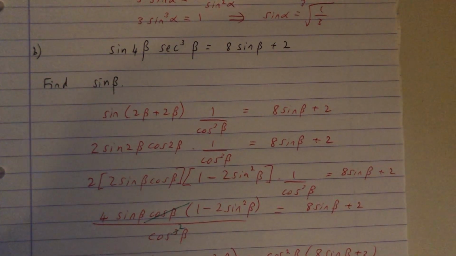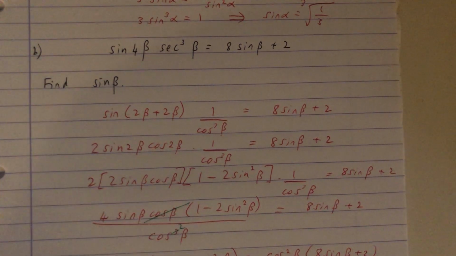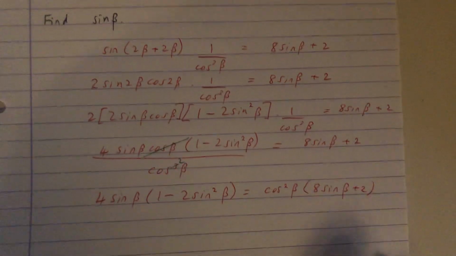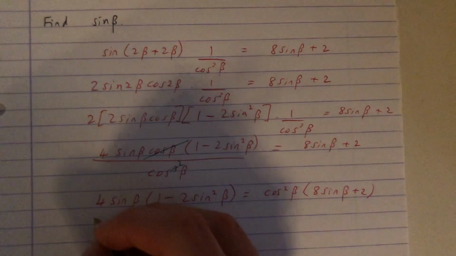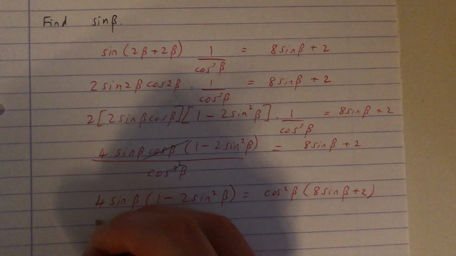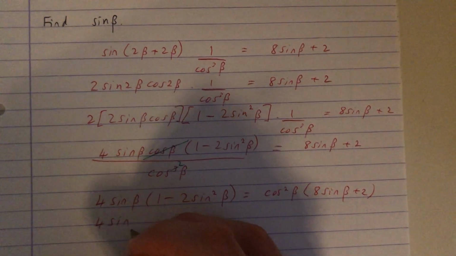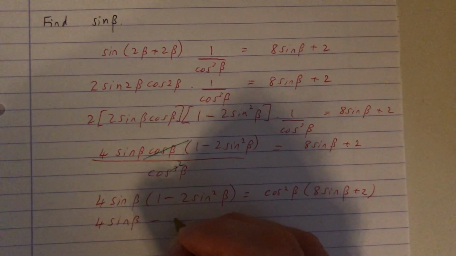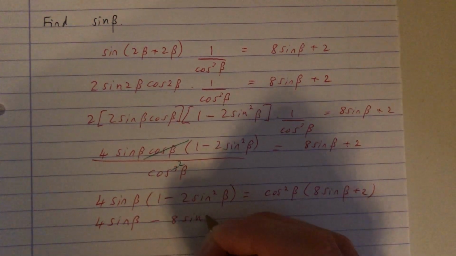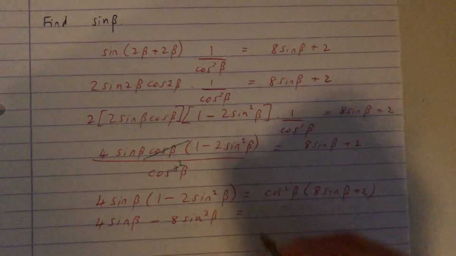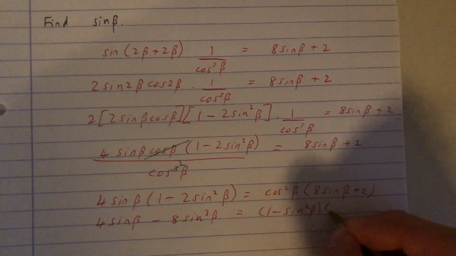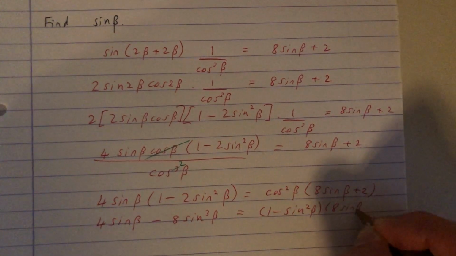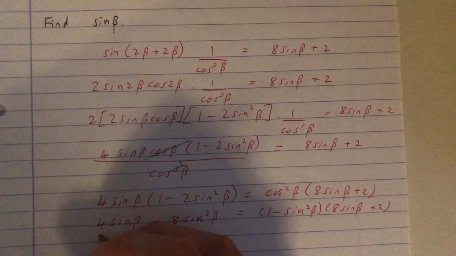And mostly I've got sine betas, but I've got a cos squared beta that needs to disappear, which isn't going to disappear unless you use the identity, which is 1 subtract sine squared. So 4 sine beta minus 8 sine cubed beta is equal to (1 minus sine squared beta)(8 sine beta plus 2).